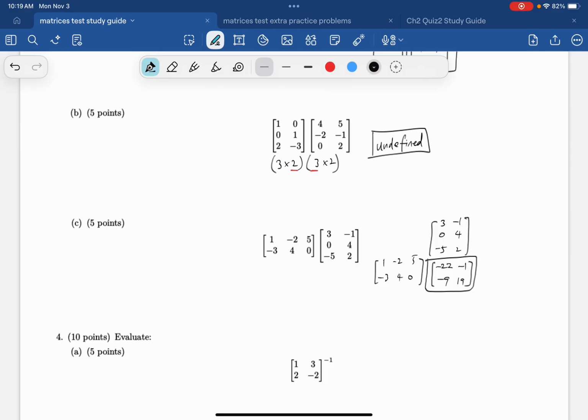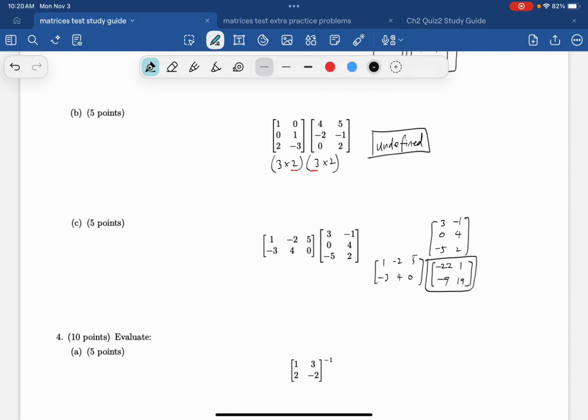Oh dear, made a mistake. This should be negative 1 minus 8 plus 10. That's positive 1. Oh my gosh.